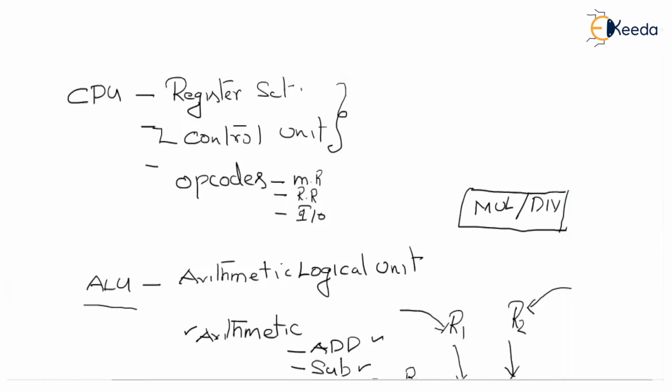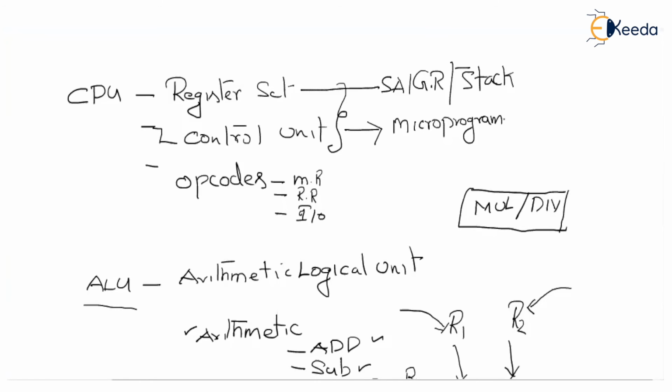This register set can be designed in three ways: single accumulator, or general register, or stack. This control unit can be designed in two ways. One is micro programmed control, or hardwired control.